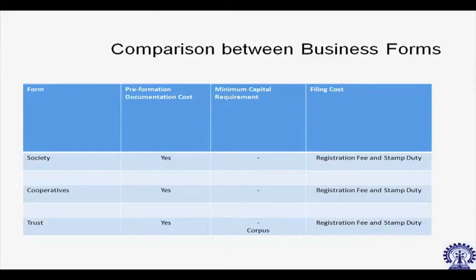And while you are registering your organization, again you need to pay the registration fees and the stamp duty. But at the same time, you are not required to have any minimum capital for formation of cooperatives.